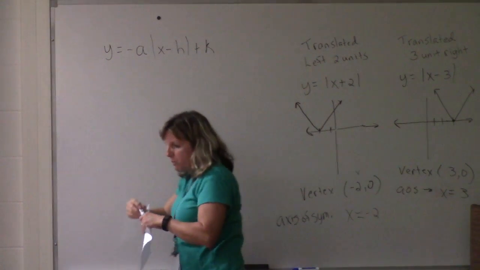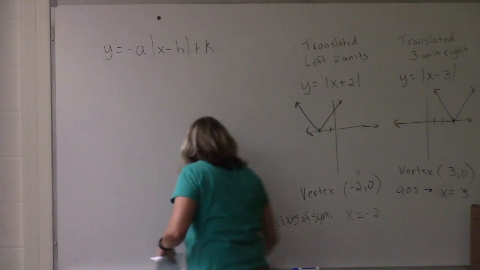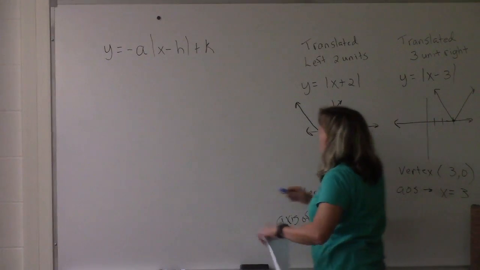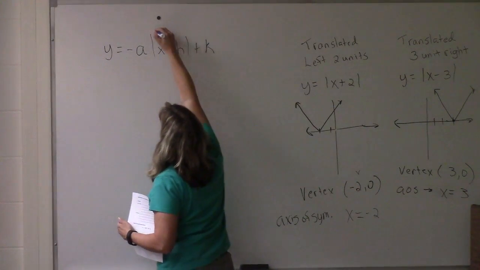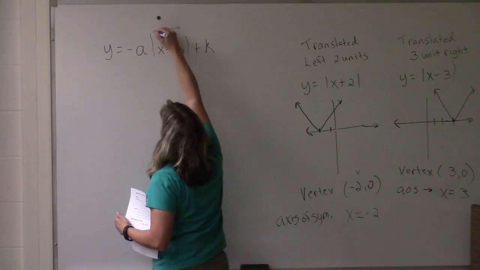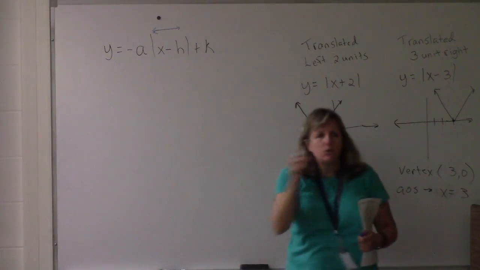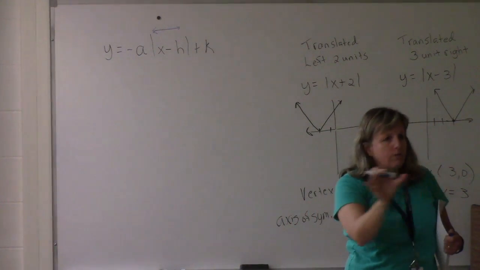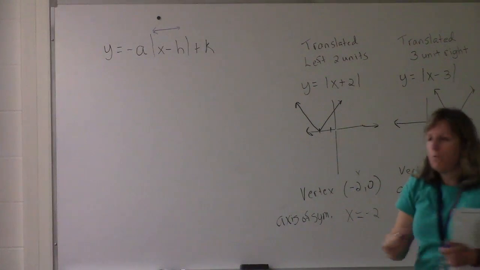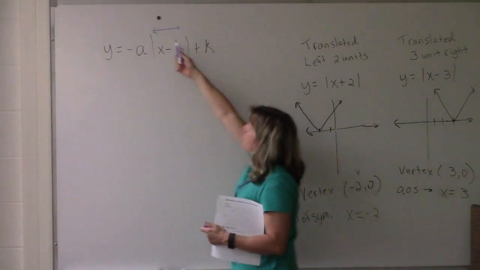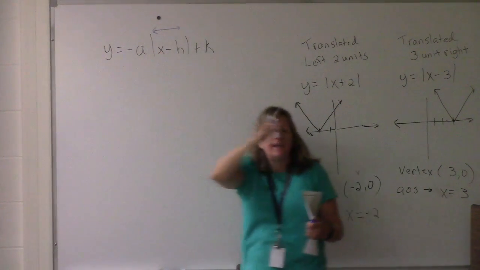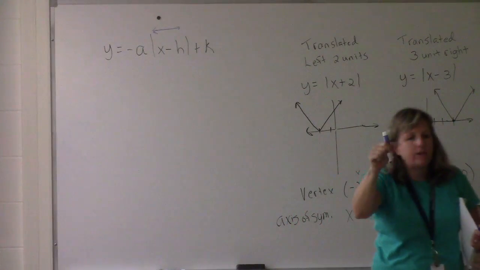All right, so on my pattern, what I noticed here was inside my absolute values, that translated my function right and left, or horizontally. So I want you to put an arrow looking like this over there, because inside that absolute value is how that thing's going to move.